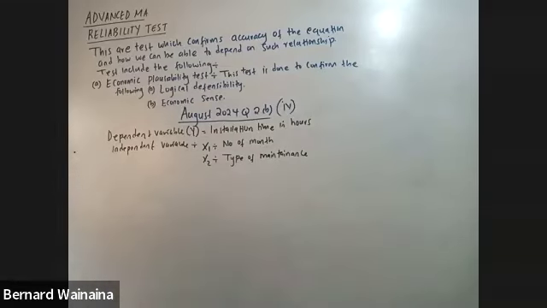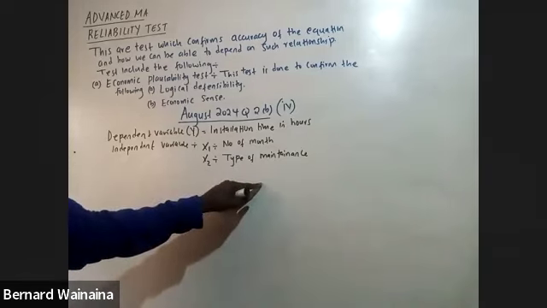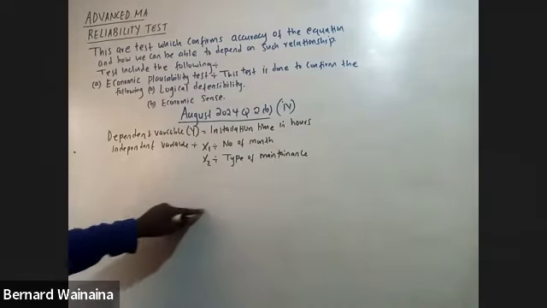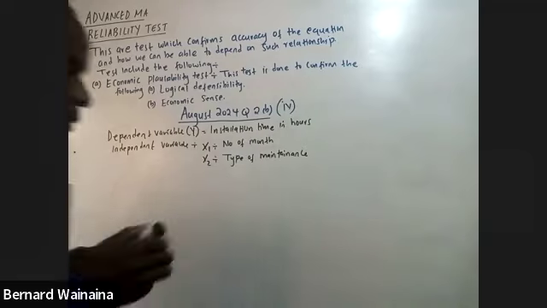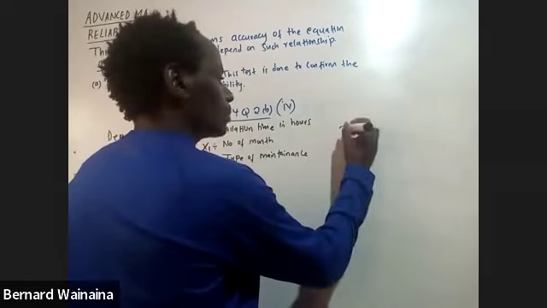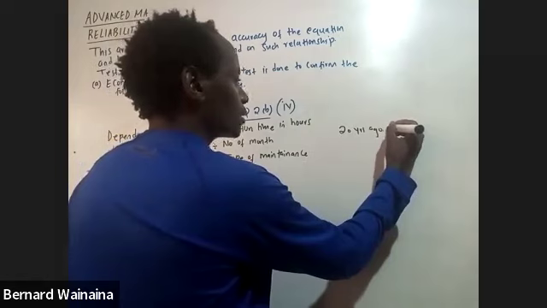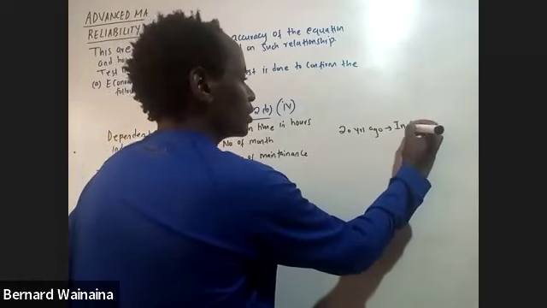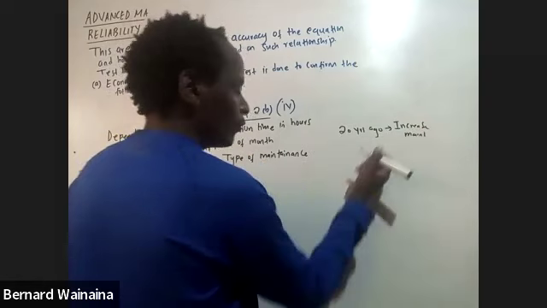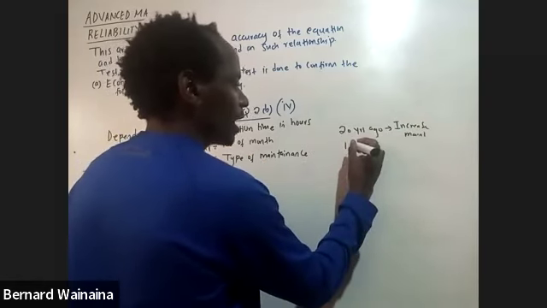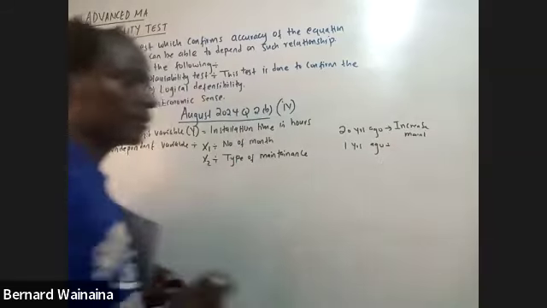So when the installation time increases, we expect maintenance to also increase. If installed 20 years ago, you expect an increase in maintenance, but if installed one year ago, we expect minimum.